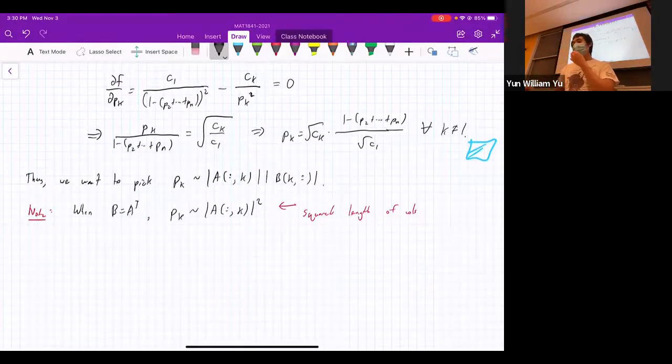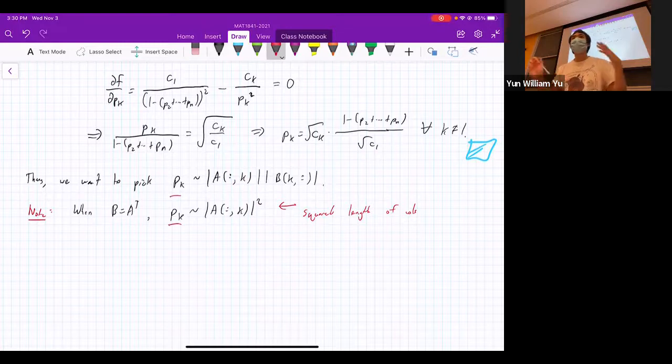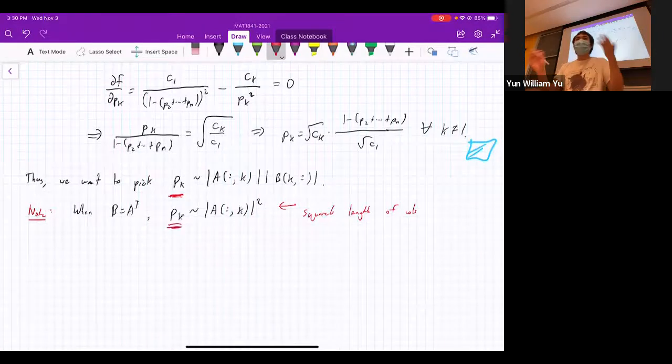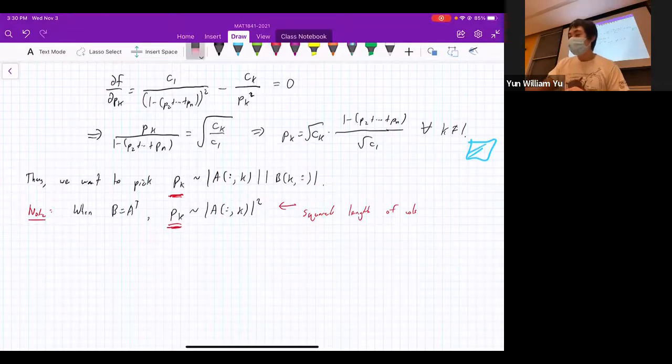And note that if you were to make this choice, it would be worse than the choice we have above, right? If you were to choose your pk to be this thing, then it's worse than that thing as far as variance goes, because we know that this is the minimum variance. And so any other choice can only be worse. I mean, it might be the same, but it certainly won't be better.